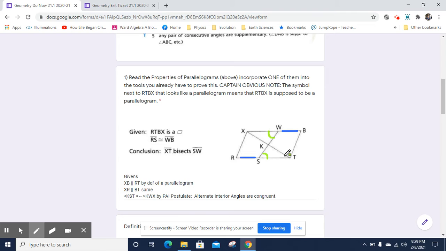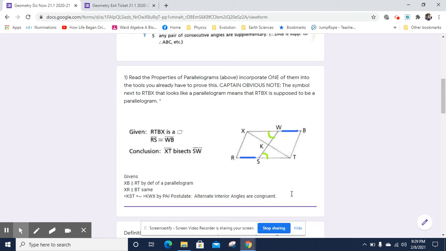Now, what about this angle here and this angle here? Well, it turns out they're also congruent. Angle KTS is congruent to angle KXW, and it's the same reason as before, the pairs of alternate interior angles postulate.